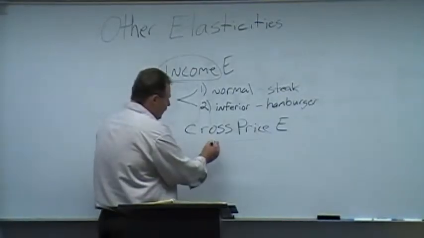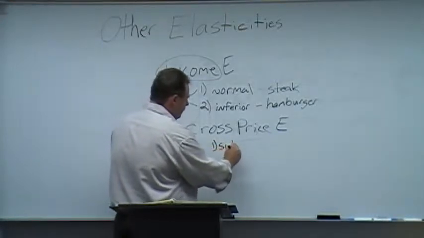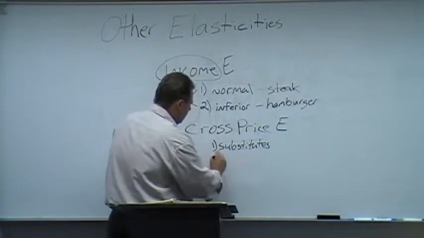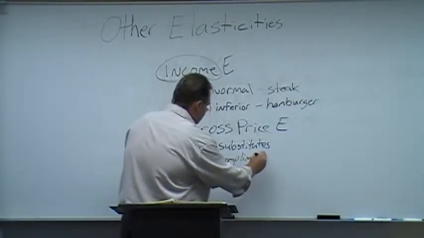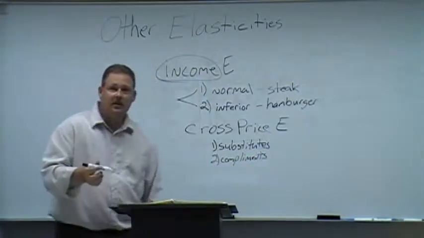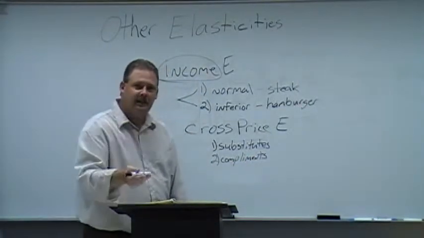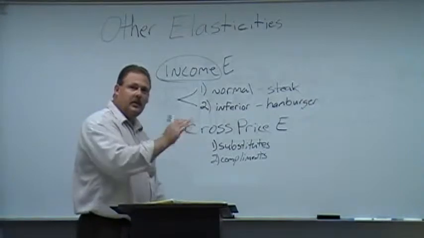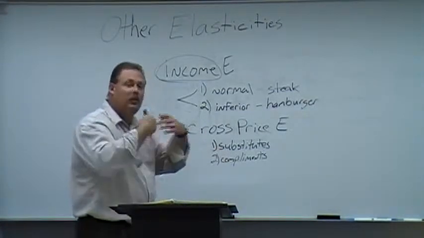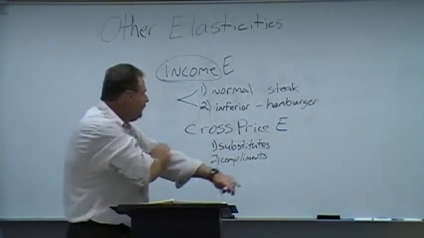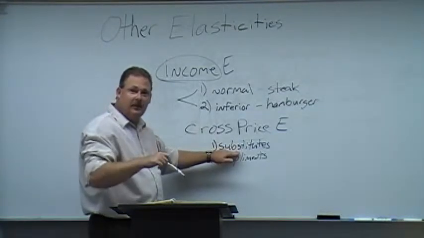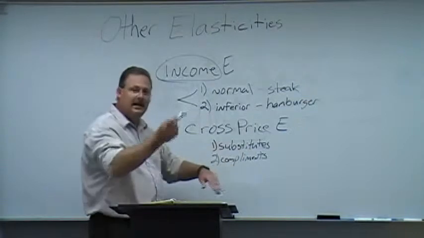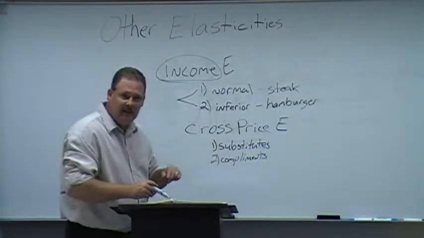Recall from our determinants, substitutes were something that you could use in place of something. Complements were something you used with that item. The price of a substitute has an effect on the demand for your product. The price of a complement has an effect. Here we're looking at how much that effect is.